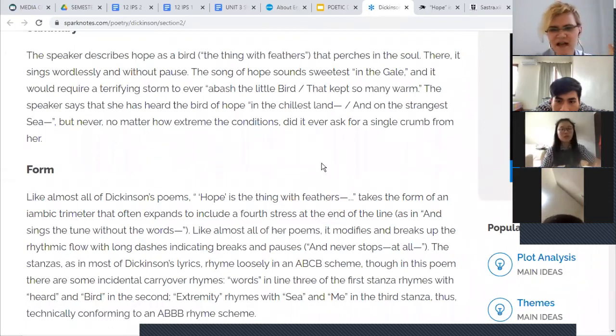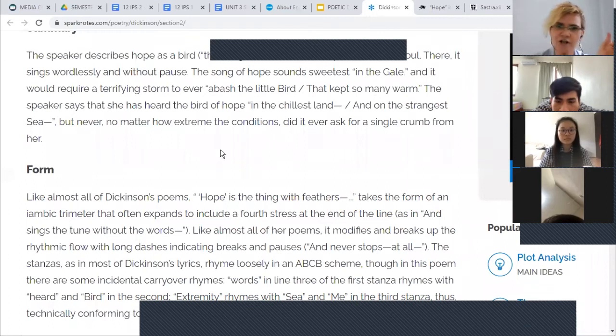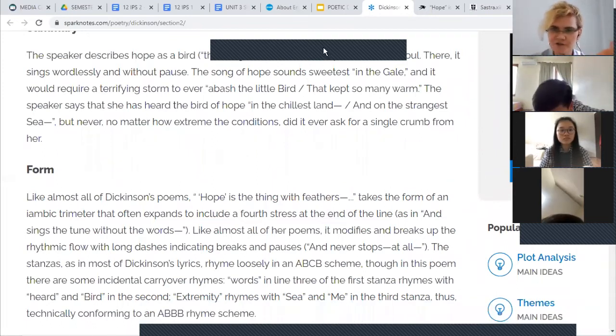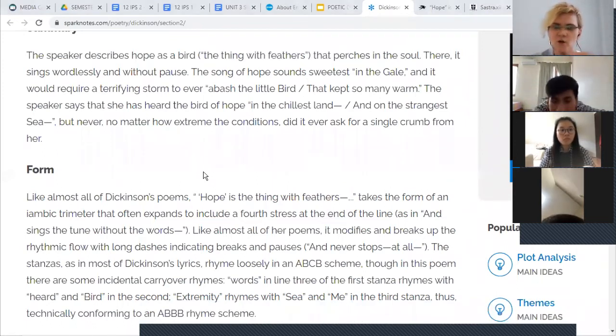It means that in a time that is the hardest, she felt hope. And on the strangest sea, but never, no matter how extreme the conditions, did it ever ask for a single crumb from her. So it is as if hope came to her. In even the hardest of circumstances, hope was there with her.